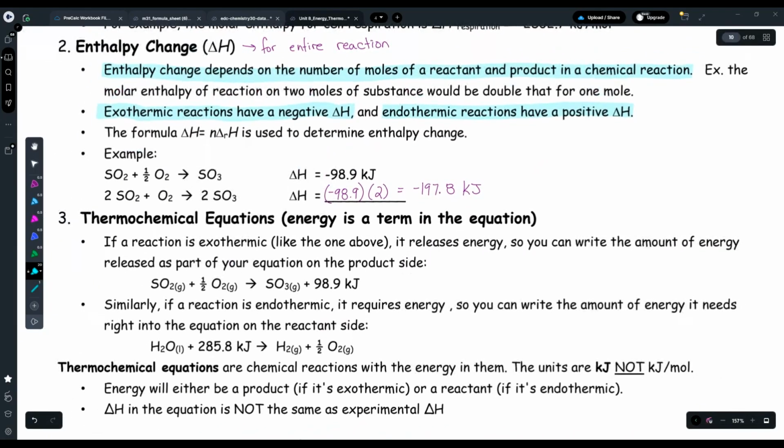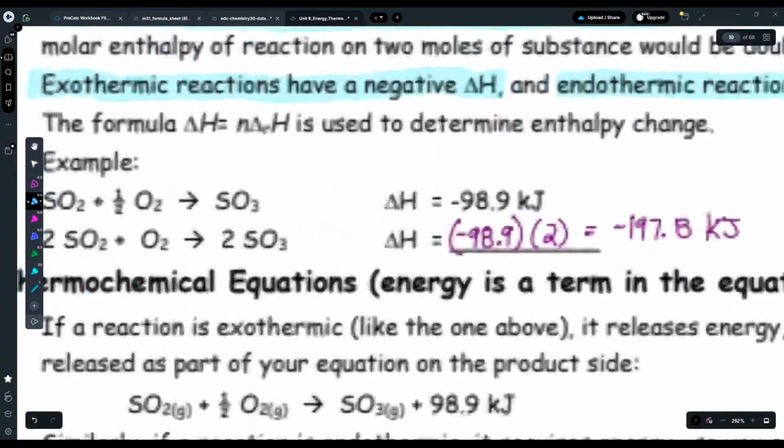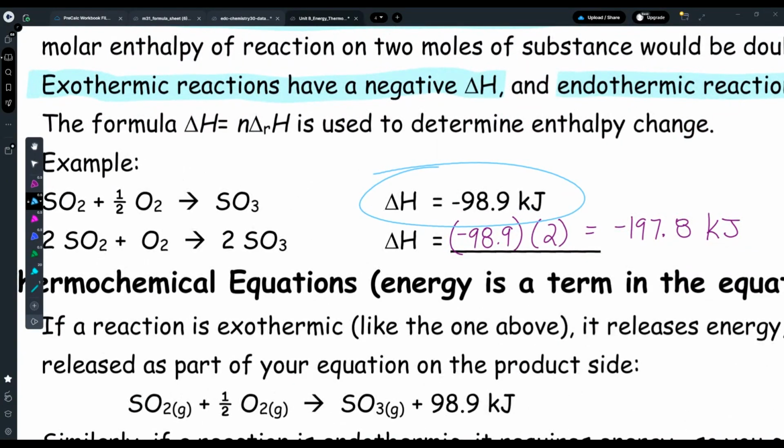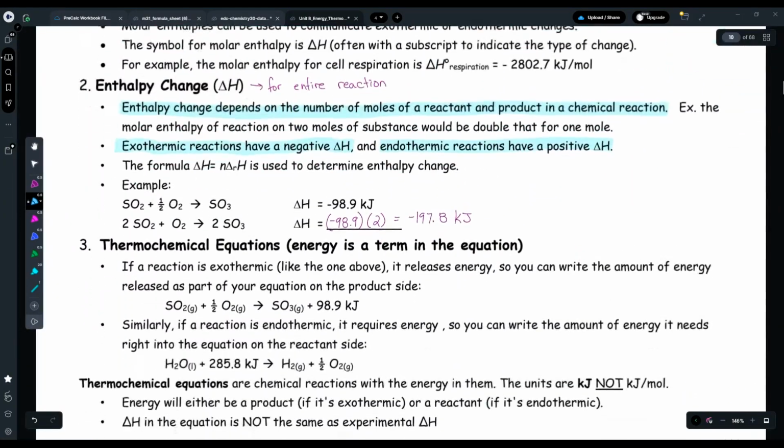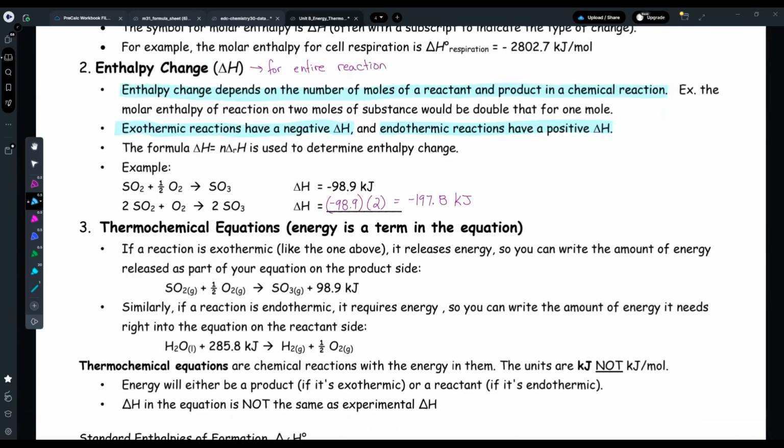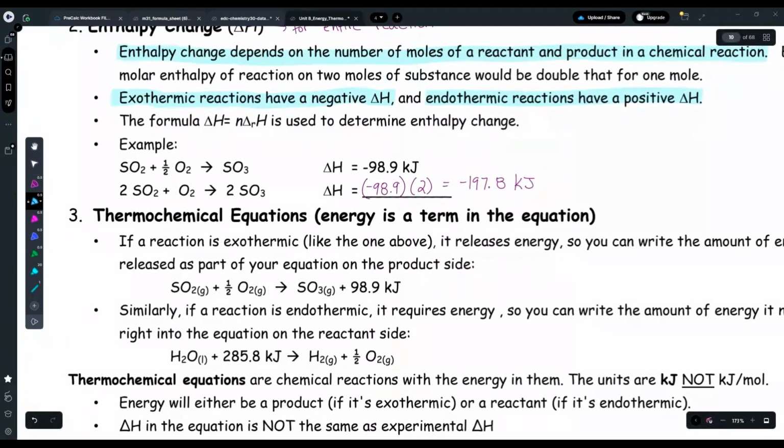In order to turn it into a thermochemical equation from what we've been given, anytime you see a change in enthalpy written like this, it's called delta H notation, or change in enthalpy notation. If we have an exothermic reaction, energy is being released from the reaction, therefore it's going to be a product.